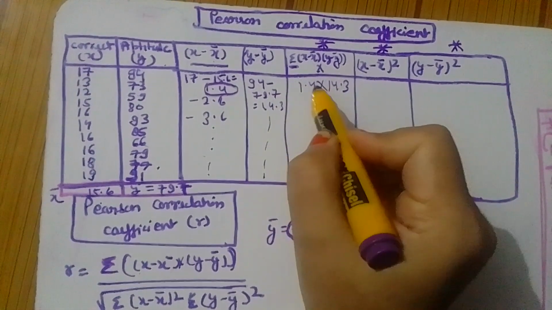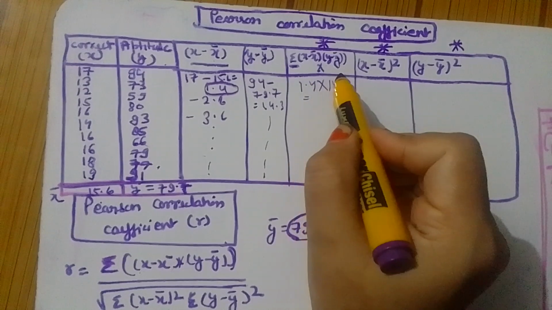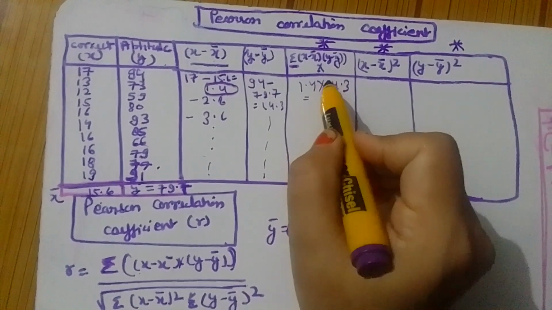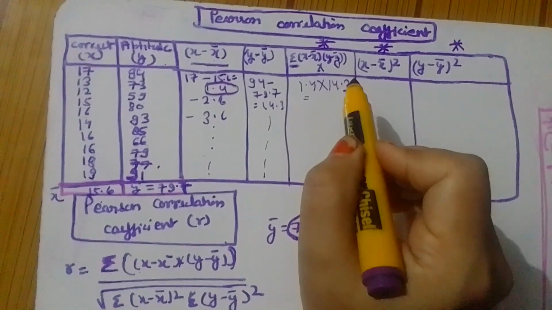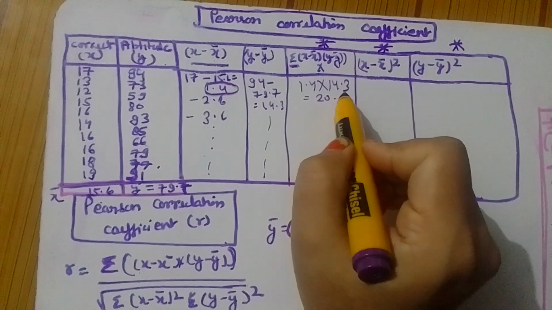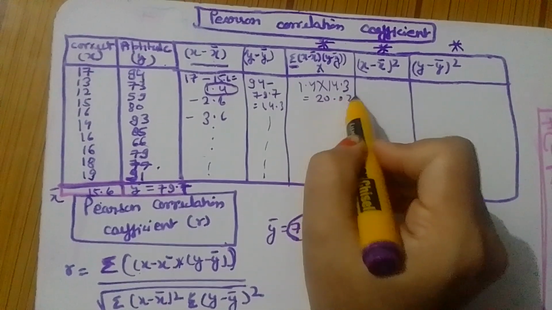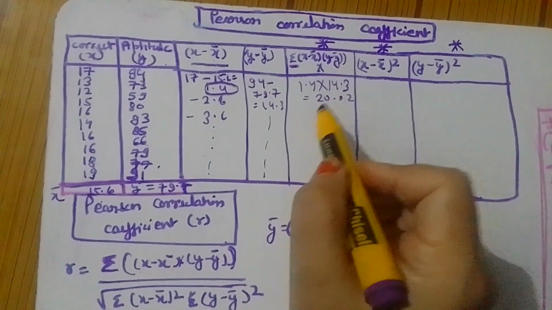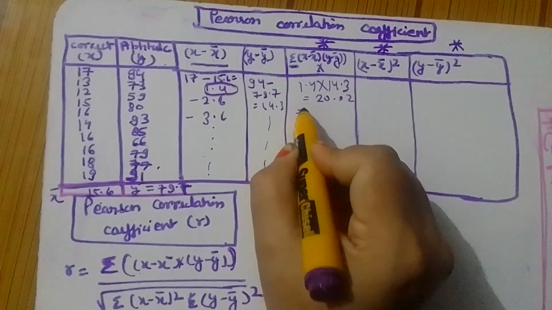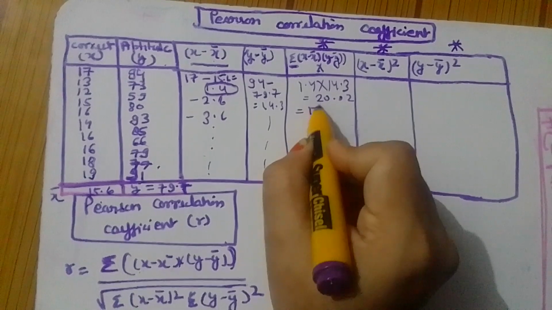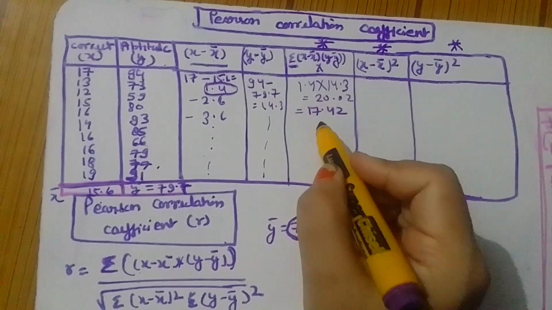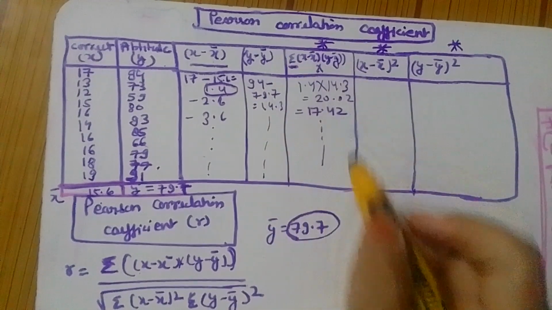So how much would it come after multiplying? 1.4 multiply 4.3, it would come to somewhere around 20.02. And the next, the same way for the second part, it would come to 17.42. After multiplying, we add those terms, and that is called summation.